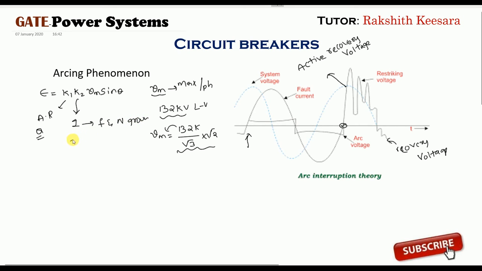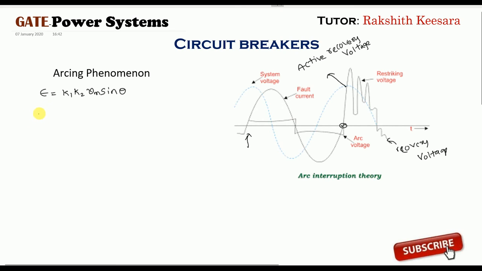And K2 is equal to 1.5 if any one of them is ungrounded. And theta is the power factor angle. What are the faults that are grounded? LG, LLG, triple LG. What are the faults that are not grounded? Double L and triple L fault.